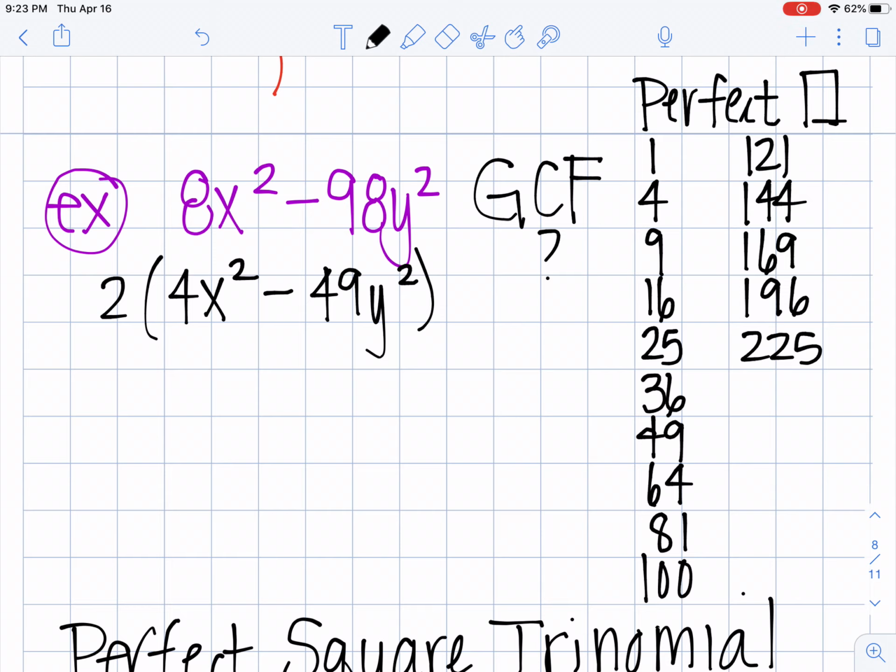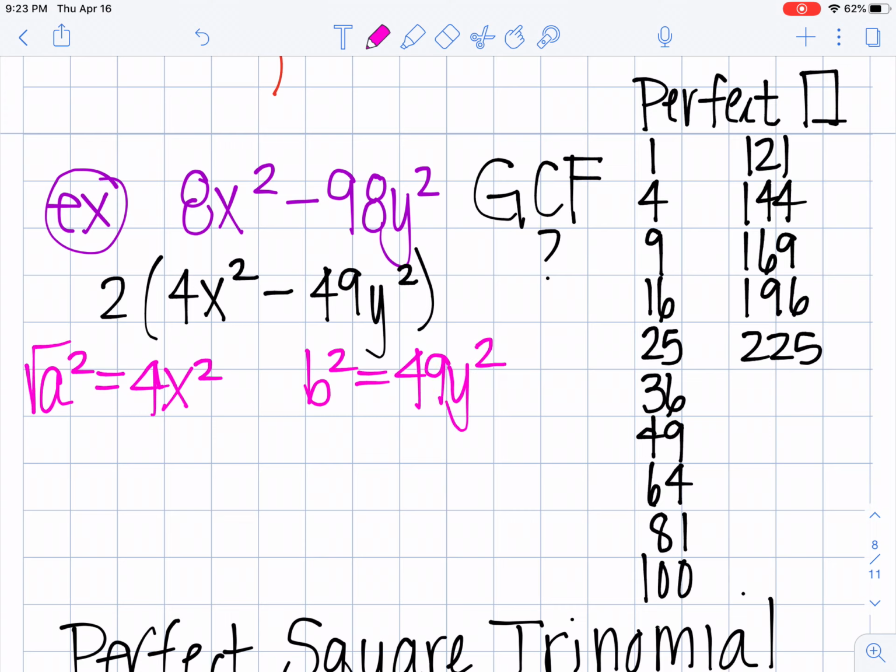Nope, because 4 and 49, I happen to notice that they're both perfect squares, but there's also no number that goes into both 4 and 49. So once my GCF is factored out, I'm going to take this on the same consideration. I'm going to let my a squared equal 4x squared, and I'm going to let my b squared equal 49y squared.